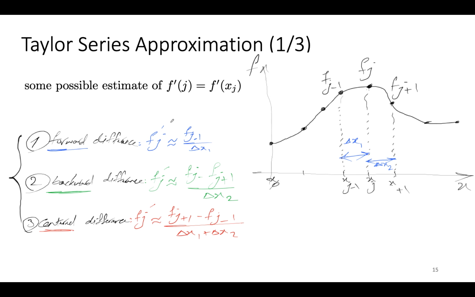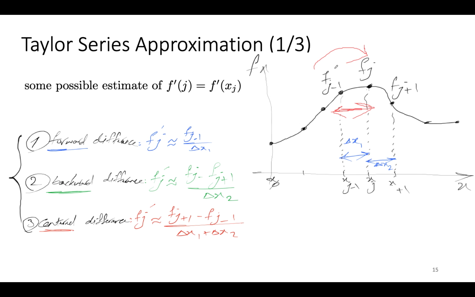So the first one is called forward differences. We are trying to estimate f prime of j, so it's going to be equal to f of j minus 1 divided by the distance, and the distance is delta x1. So we call this forward difference.